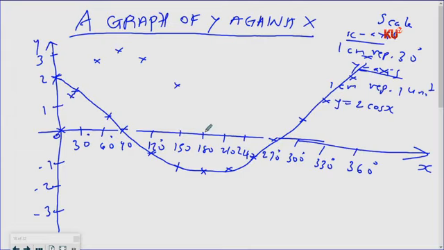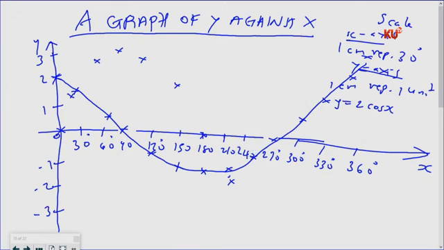180. When x is 180, y should be 0. Very good. When x is 210, negative 1.5 should be somewhere there. Negative 1.5. Then that was for 210. 240.